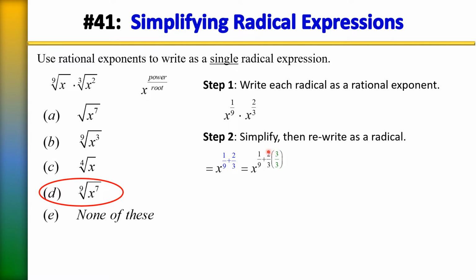So I have 6 plus 1, which is going to give me 7 over my common denominator of 9. Lastly, all I need to do is now to rewrite it as a radical, and rewriting it that way, notice this is the power, which is over here, and at the bottom we have our root, which is here. Okay?